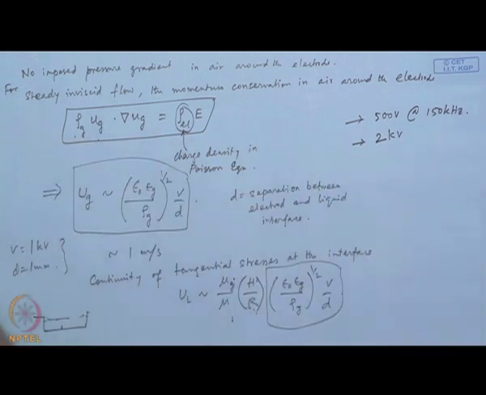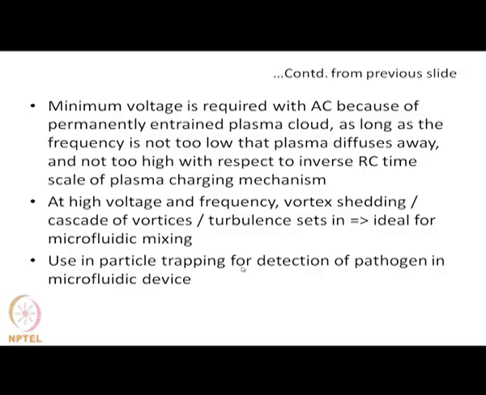One aspect of it which we would like to emphasize here is the use in particle trapping. One big application of this mechanism is of course microfluidic mixing at high voltage and frequency.